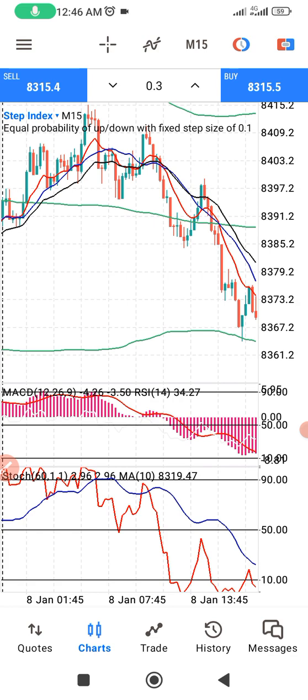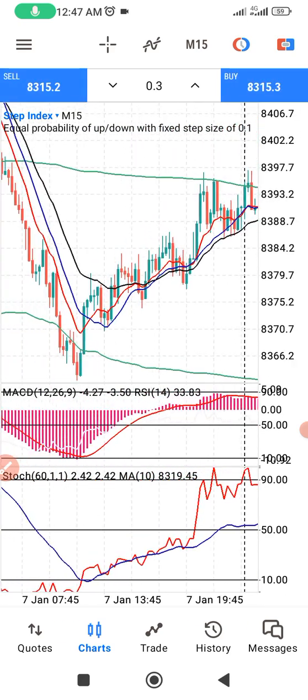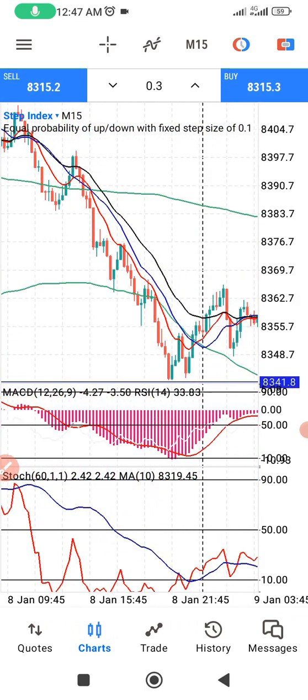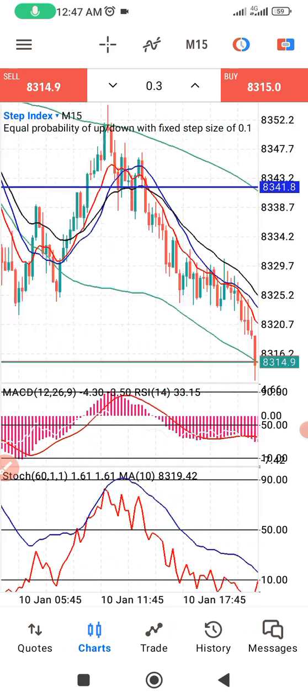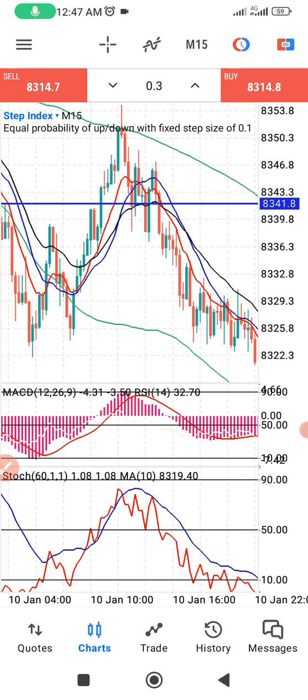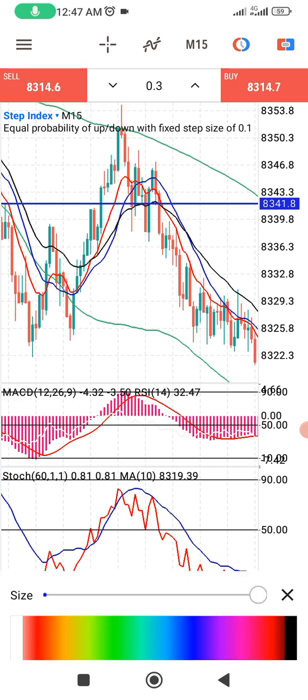So we are looking at how we can scalp Step Index. How do we scalp Step Index? We begin by establishing our market condition on the M15 time frame. If the price is below the middle Bollinger Band, just as you are seeing price here, it signifies you are in a downtrend.